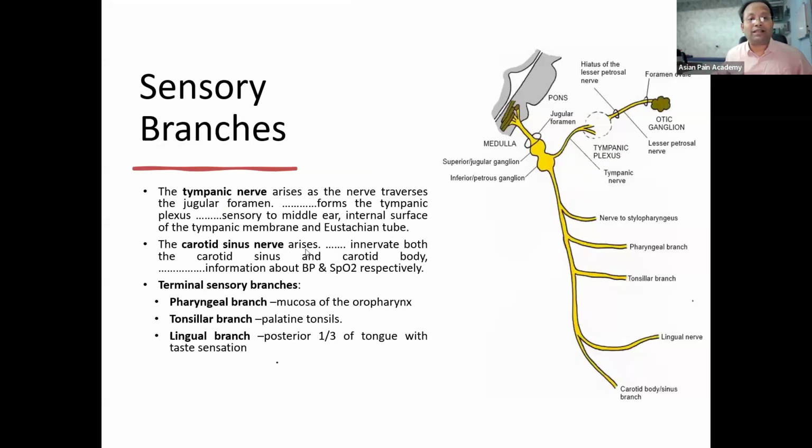Then comes the carotid sinus nerve. It supplies the carotid sinus and carotid body, so information about your blood pressure and SpO2, oxygen concentration and all, is received through it.